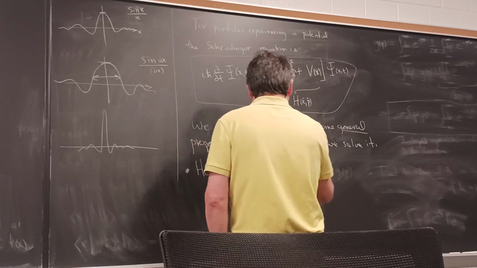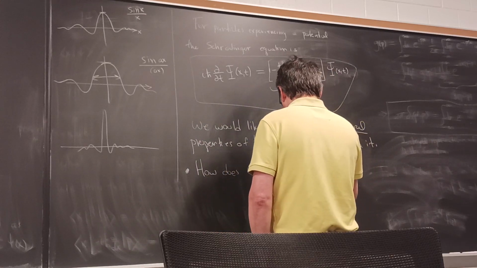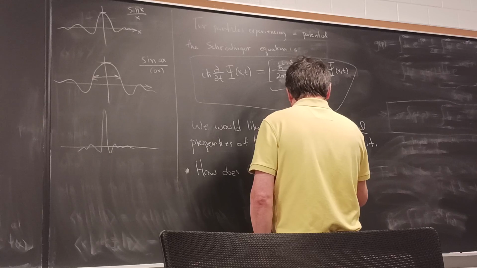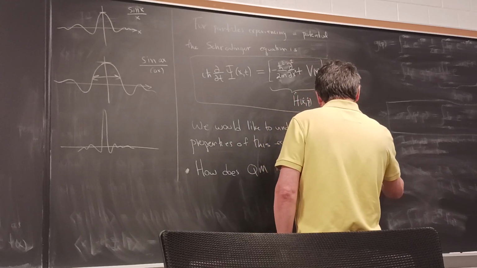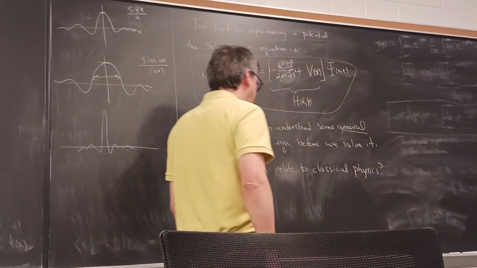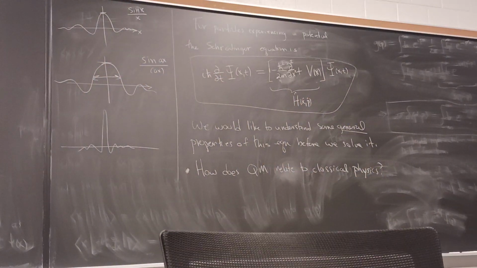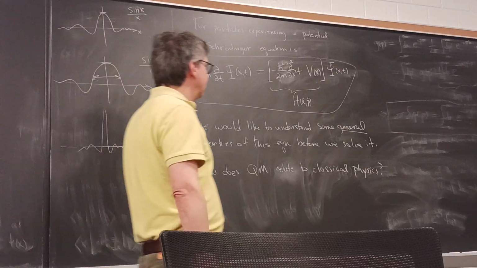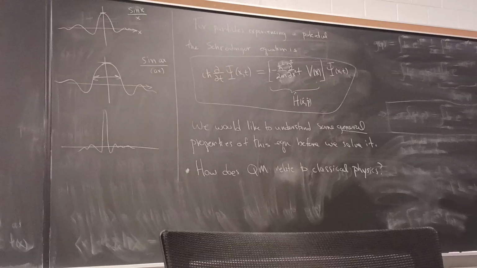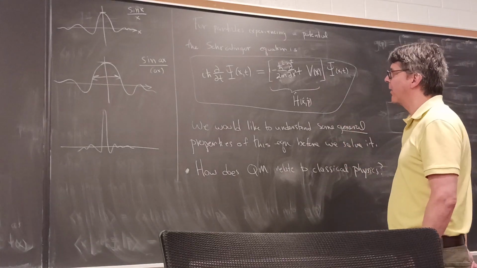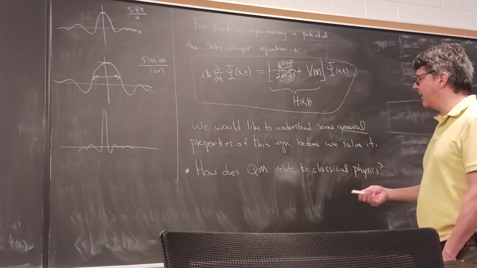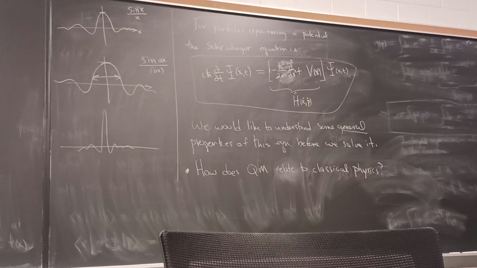How does quantum mechanics relate to classical physics? That's a really valid question because once Schrödinger came up with the equation, it describes wave behavior, as we already talked about, and it's also a diffusive kind of equation. So how does it describe classical behavior?